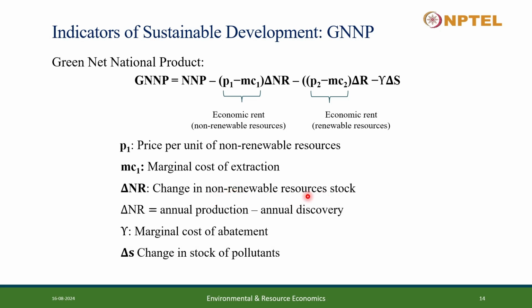If the current potential of oil is X number, and you discover one more oil reserve, then that will be subtracted from annual production. So that will be the net non-renewable stock. This is how the GNNP is calculated. Here we are trying to incorporate the usage of resources and the cost of emission.